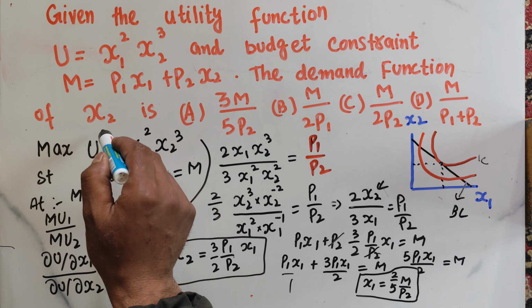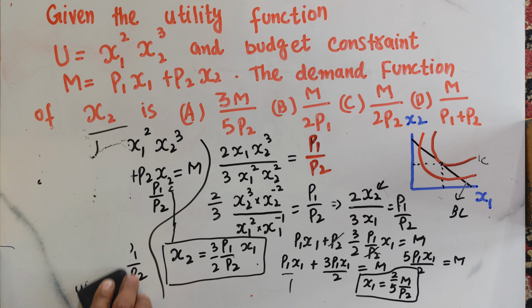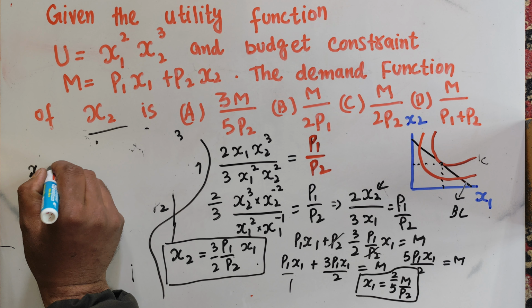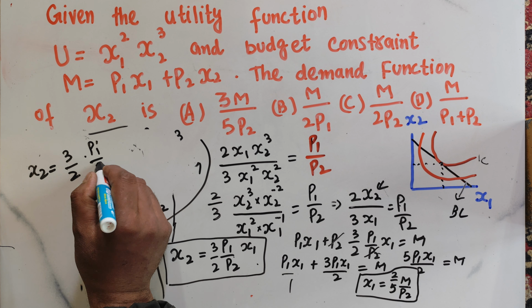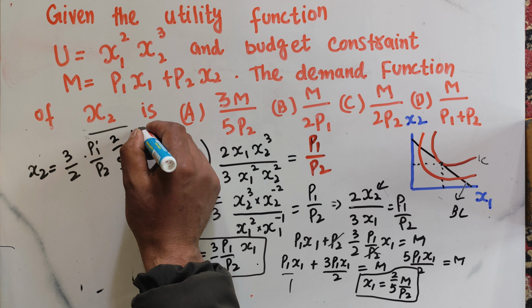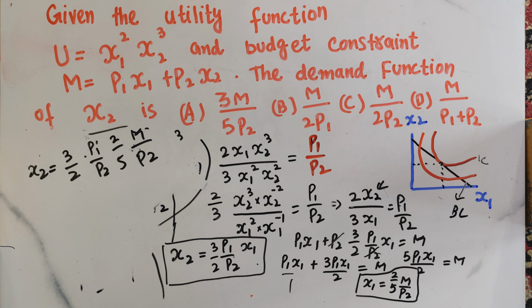But we are supposed to find the demand function of good x2. Now we plug the value of x1 into this equation to find the demand function for good x2. So x2 will be equal to 3 upon 2 times p1 upon p2, and the value of x1 is 2 upon 5 times m upon p1.